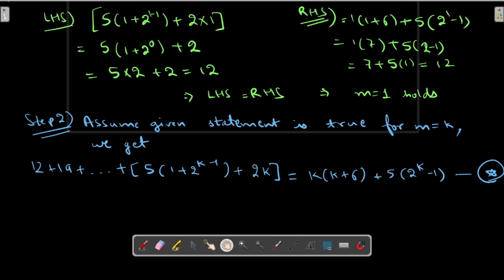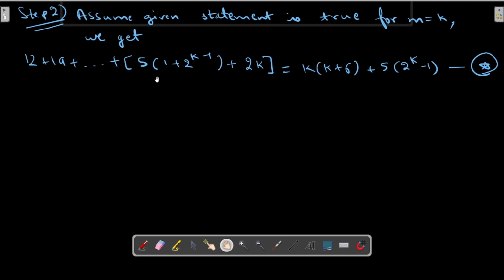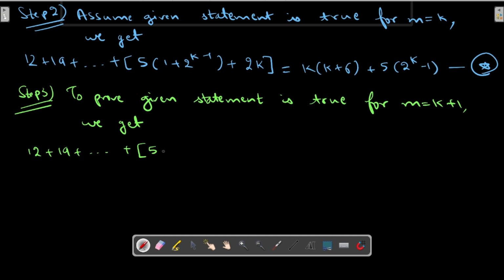Now in step 3 we will assume that the given statement is true for m is equal to k plus 1. We will include the next term.